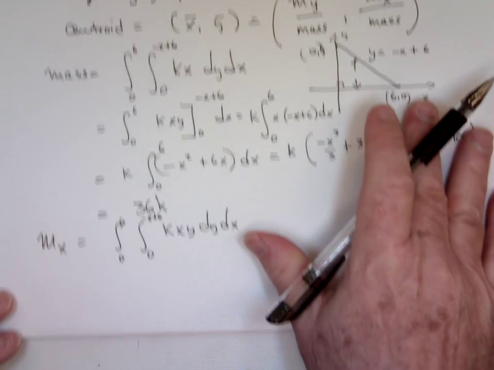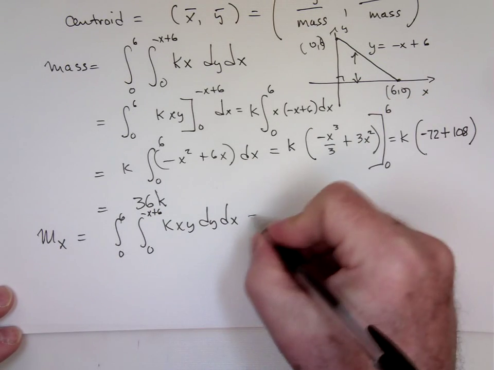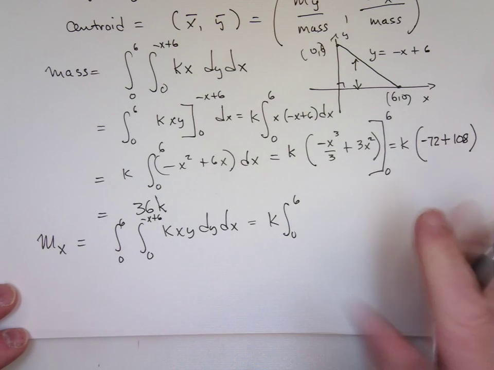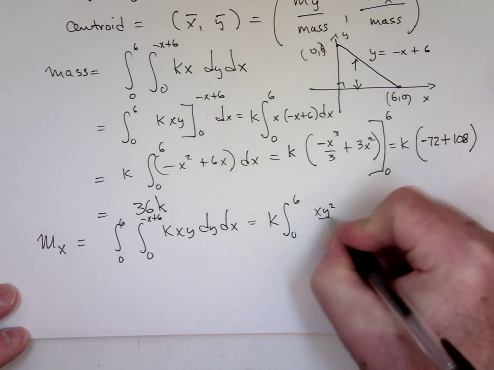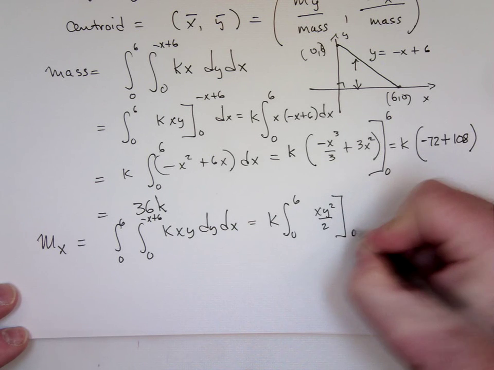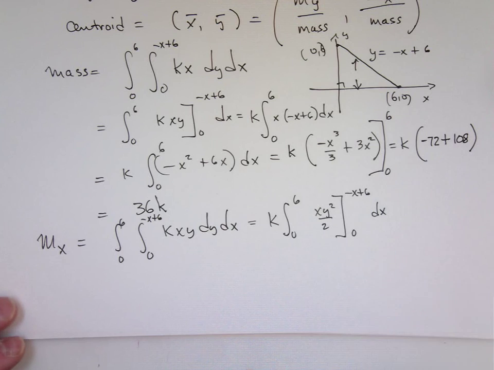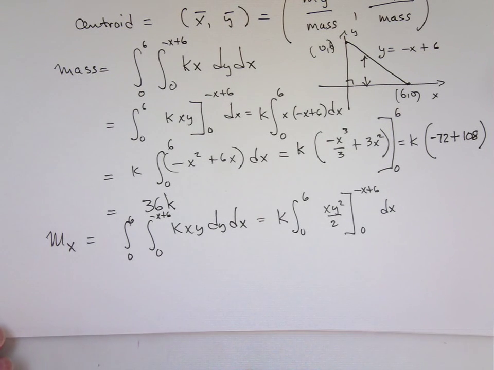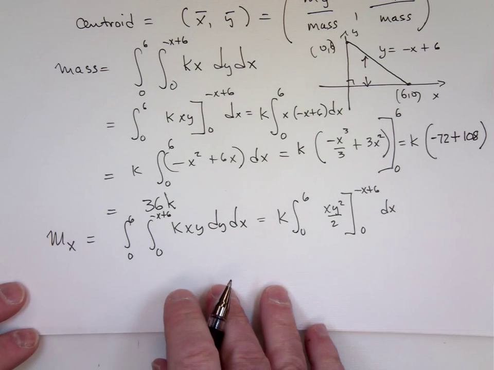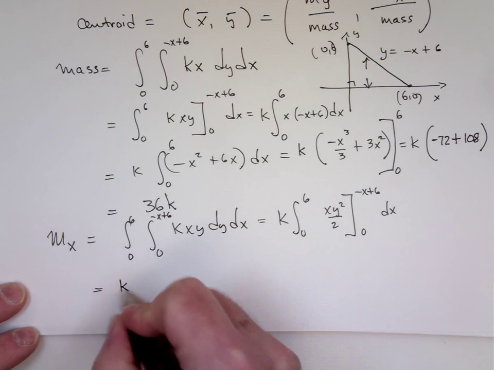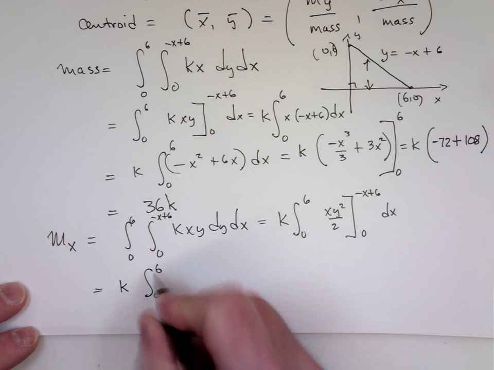Let's take the k out front. Let's integrate xy dy. It does get a little messy, though, I must say. Okay, so we get k, 0 to 6. Substitute in that, so we get x.